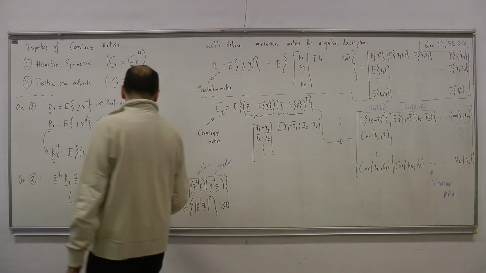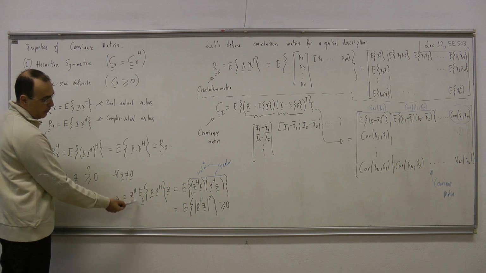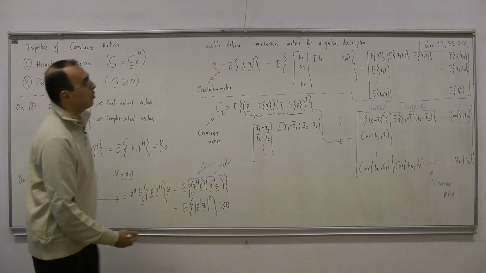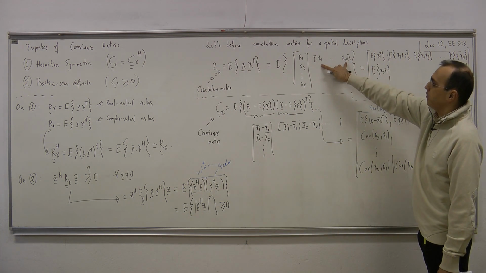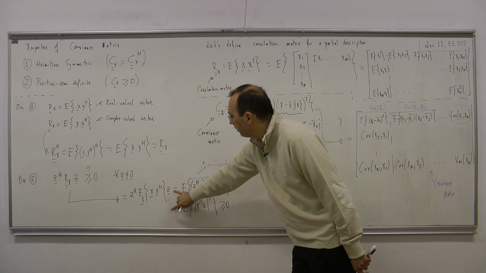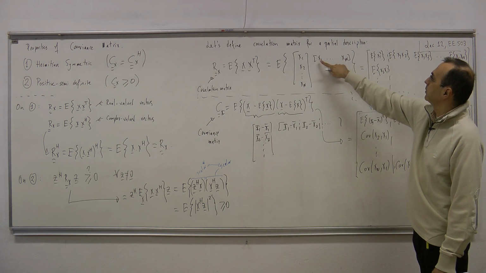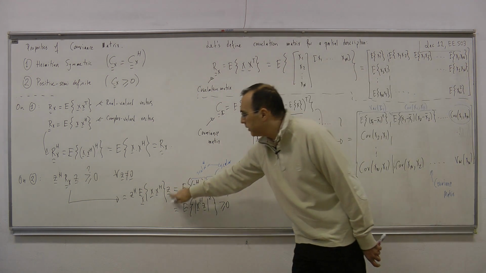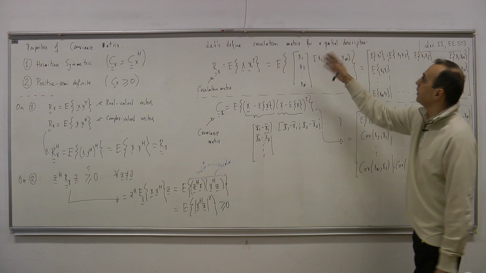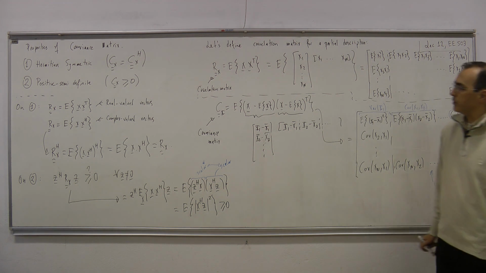Now, this expectation operation is like the ensemble average. Maybe I can first linearly combine this x vector with the z vector. The elements of this random vector are random variables. I can combine these random variables by this z vector, and then at the end evaluate the expectation. Is it possible to do this?